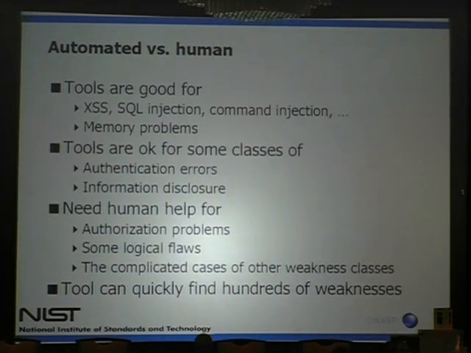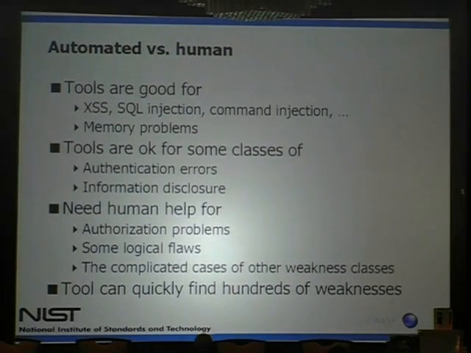Because we had a company that did a manual analysis here, we can have some ideas about the comparison. This is again just qualitative. Tools are fairly good for XSS, types of injections, and memory problems.